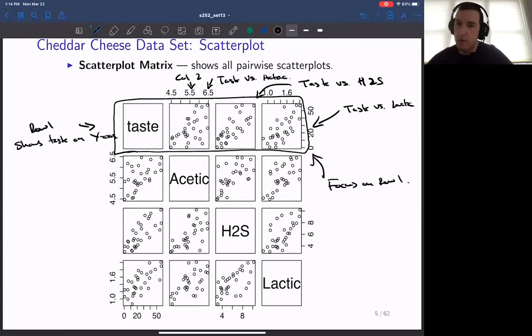That being said, you can gain a lot of additional information from looking at the other plots in the scatter plot matrix. For example, here we have acidic versus H2S, which is a scatter plot of x1 versus x2. Here we have acidic versus lactic, a scatter plot of the acidic variable versus the lactic variable.